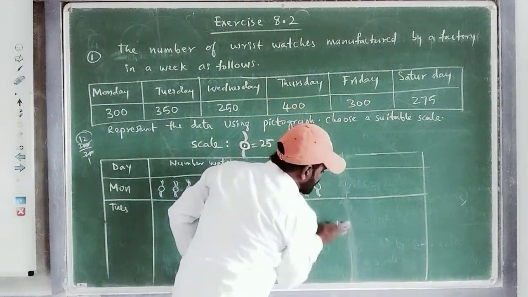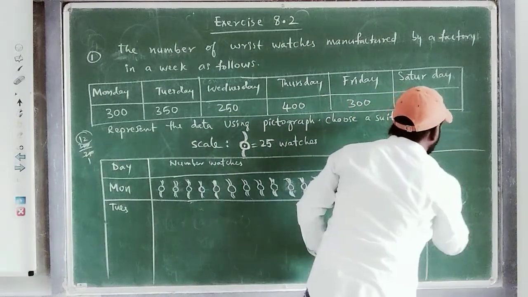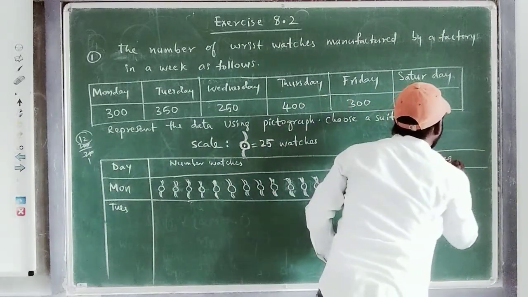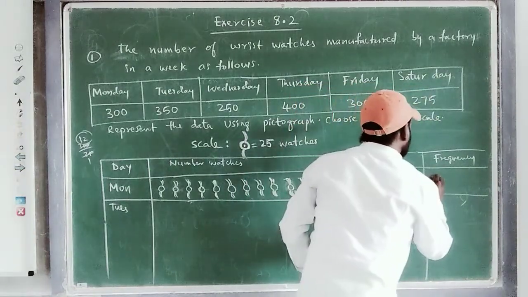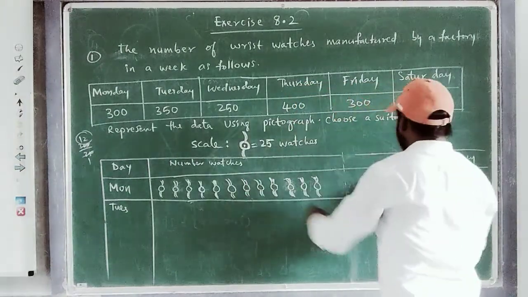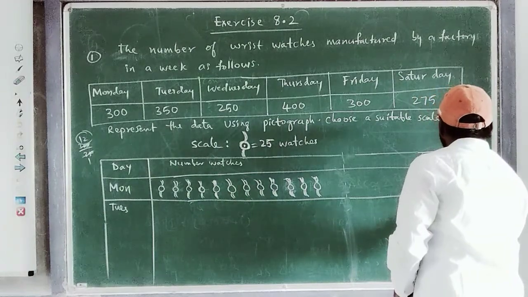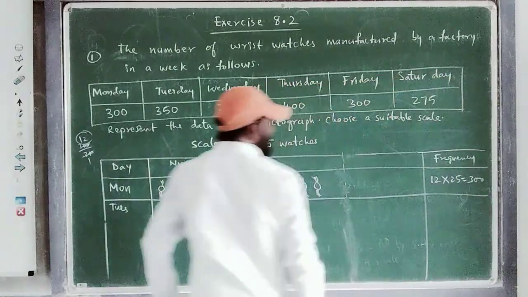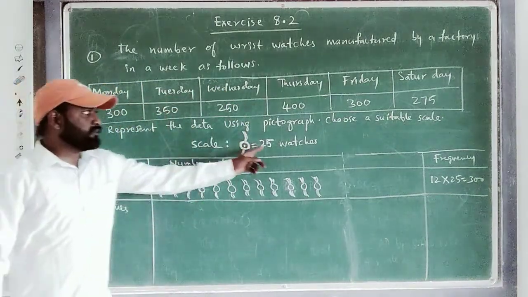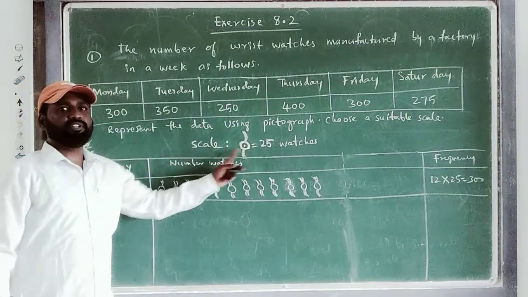How many pictures are there? 12 frequencies, so 12 into 25 is 300. Each picture is equal to 25; that is the scale we chose here.